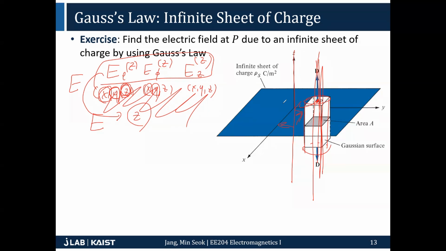What's important is you have to sharpen your symmetry argument. You cannot just say, oh, by cylindrical symmetry, by spherical symmetry. That's a very vague term.